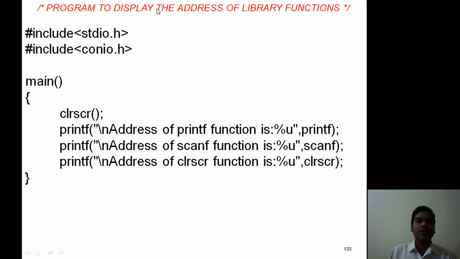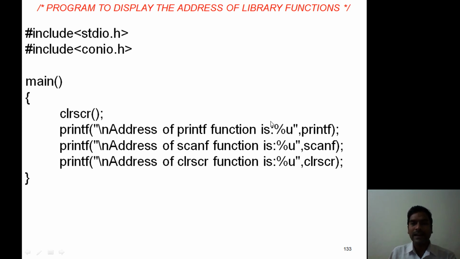Now, to display the address of any function in general, directly use the name of the function. This is a basic key point to access the address of a function. Now observe this example. This program shows the way of accessing address of library functions. Now this one, address of printf function.